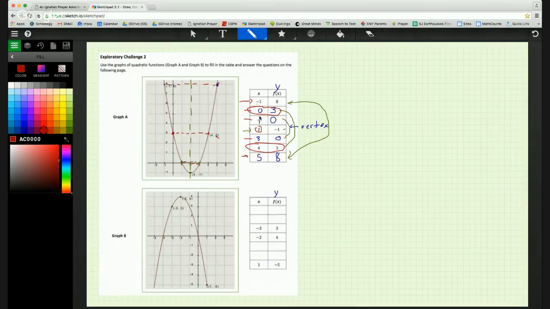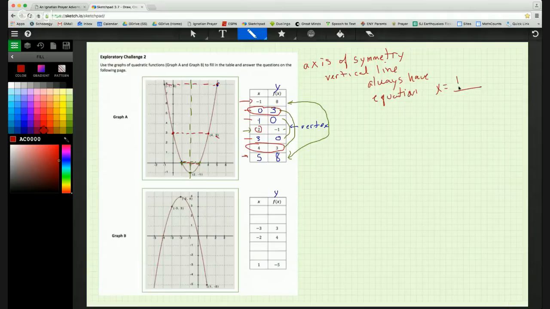So my axis of symmetry is this line, and I'm going to write this down because you need to remember this. We learned this before in linear equations, but an axis of symmetry is a vertical line. It's this vertical dashed line right here. And vertical lines always have the equation x equals something.